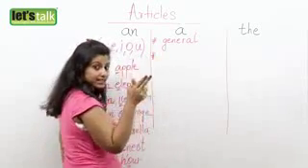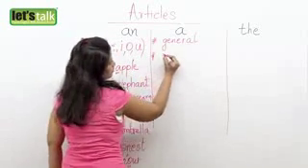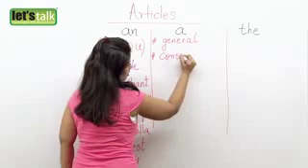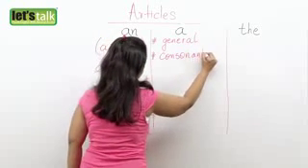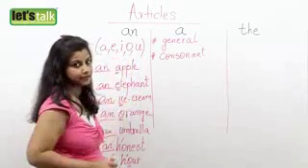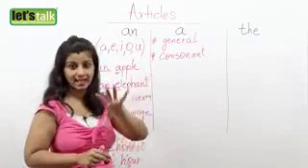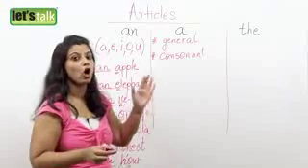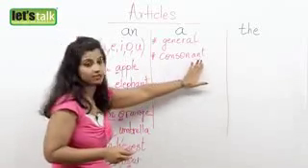Then, another easy tip to remember. Consonant. Here we studied about vowels, right? So obviously, if we have 5 vowels from A to Z, the other alphabets automatically become consonants.